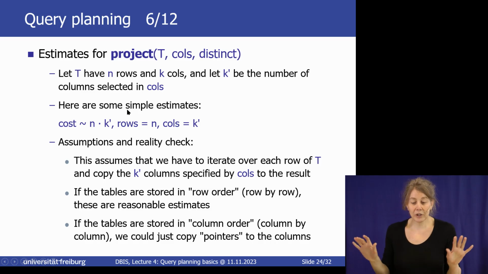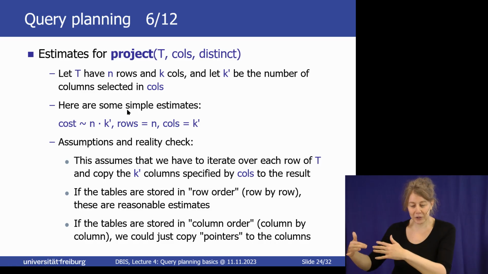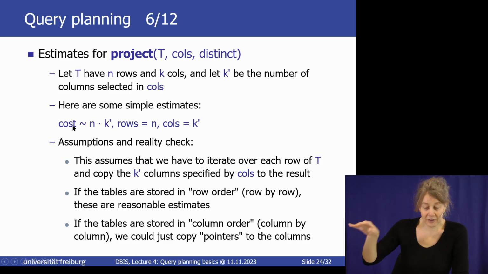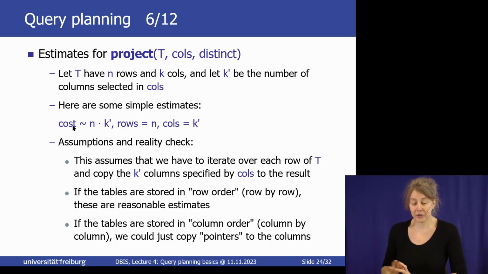But here we are just assuming we really have to iterate over the rows. So this is just to say that to have a cost estimate, you somehow need to know your system. And cost estimation is also something the system will implement. As a user, it's not something you should typically see unless you are deep into database optimization.